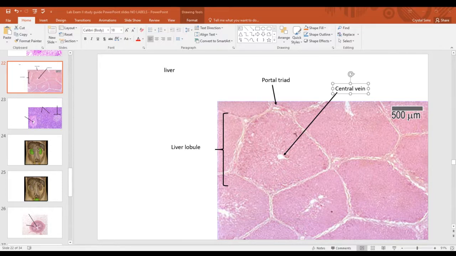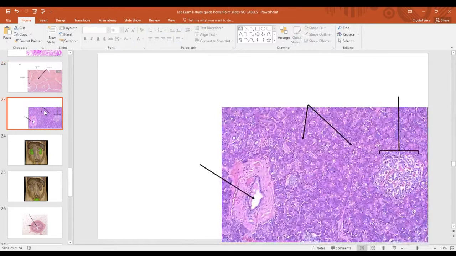All right, so what organ am I looking at here? All right, so this is the liver. All right, so what is this large structure that we've got outlined here?